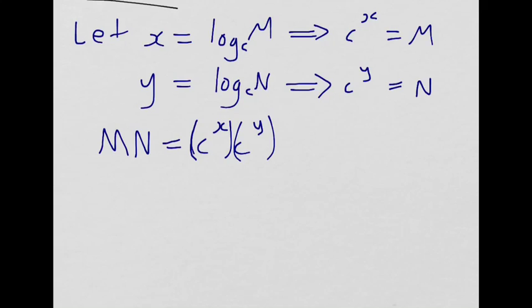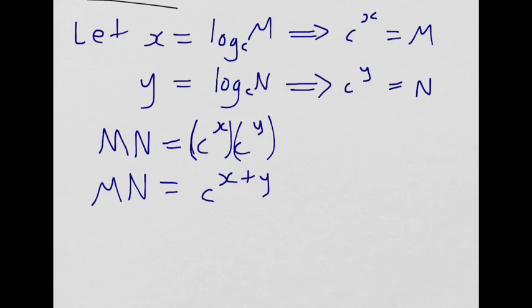M times n is the same thing as going this guy times this guy. Next line, what do I do when I have the same base of two powers? What do I do to their exponents when they're being multiplied? You add them together, right? So this is c to the x plus y, technically. Still m times n, right?